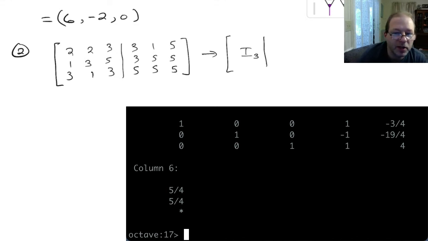All right, so it's breaking it up, but we can handle that. The last 3 columns are 1, -3/4, 5/4, then -1, -19/4, 5/4, and then 1, 4, 0.